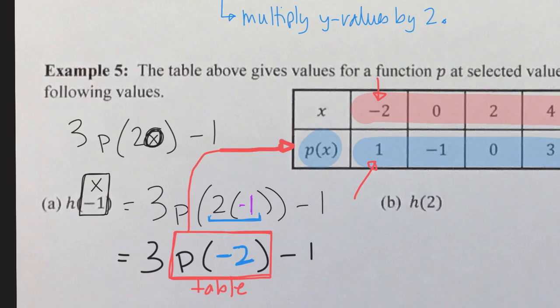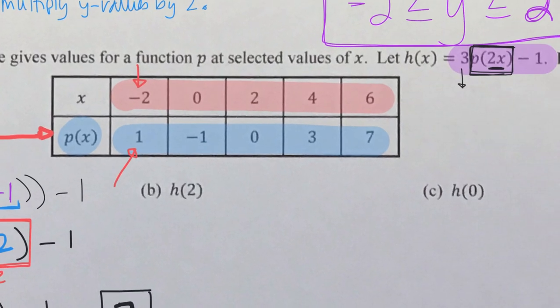So p of -2, when x is -2 from your table, p-value is 1. So I replace p of -2. The whole thing is just the number 1. So now we can do our elementary math. 3 times 1 is 3. 3 minus 1 is +2. So our answer is +2.